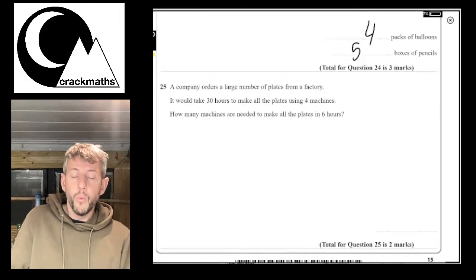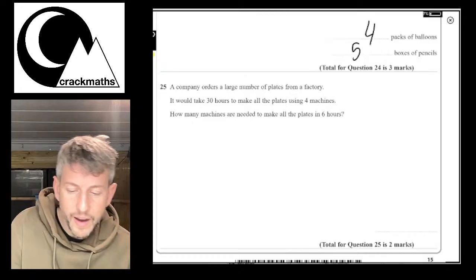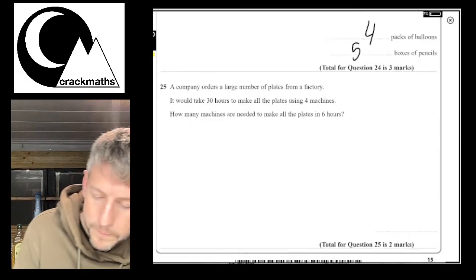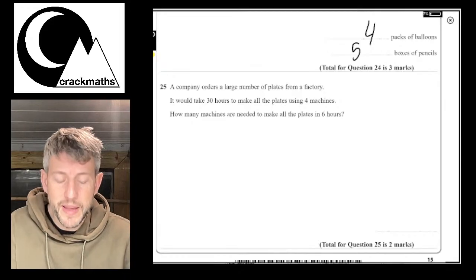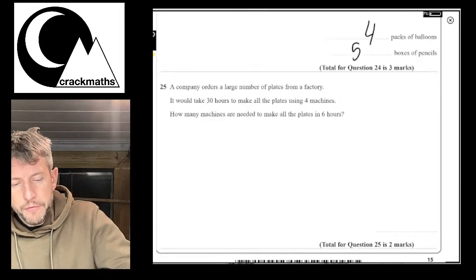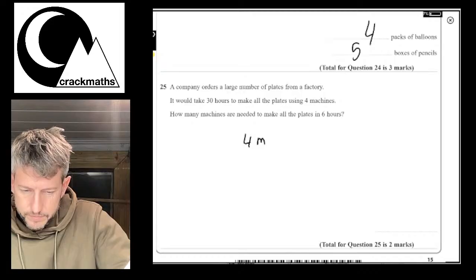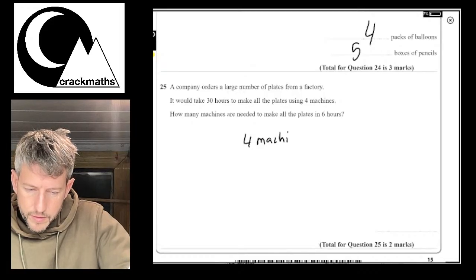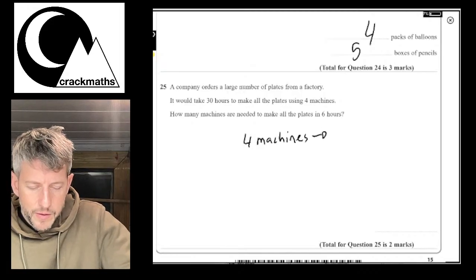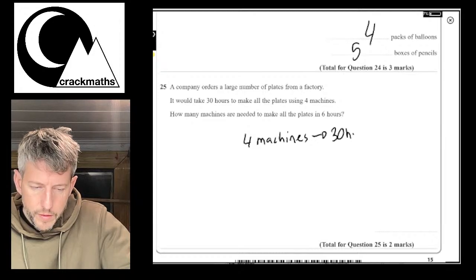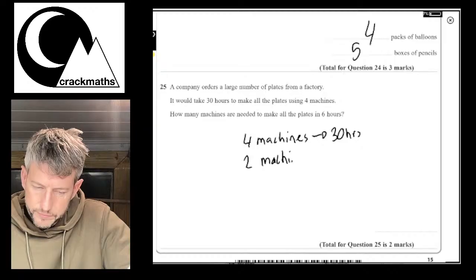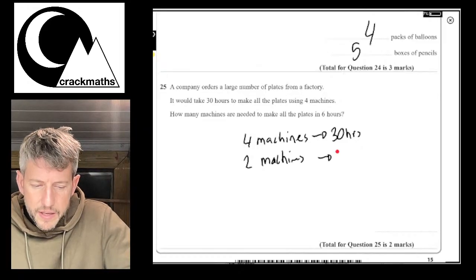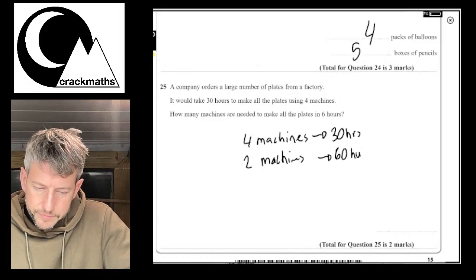Okay, so what we need to do is work out how many hours it takes one machine to make these plates. If 4 machines take 30 hours, then 2 machines would take twice as long, 60 hours.